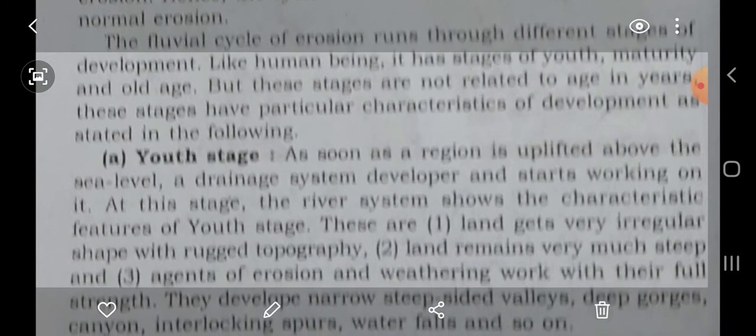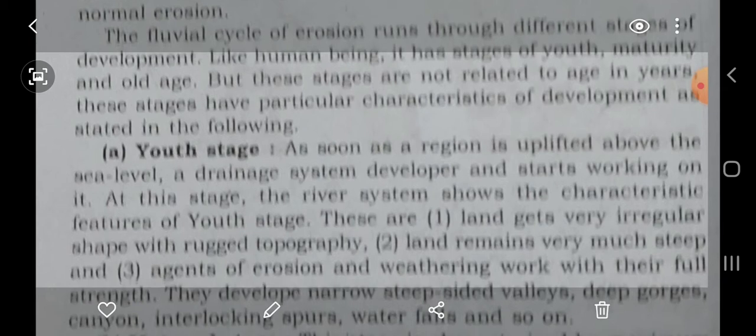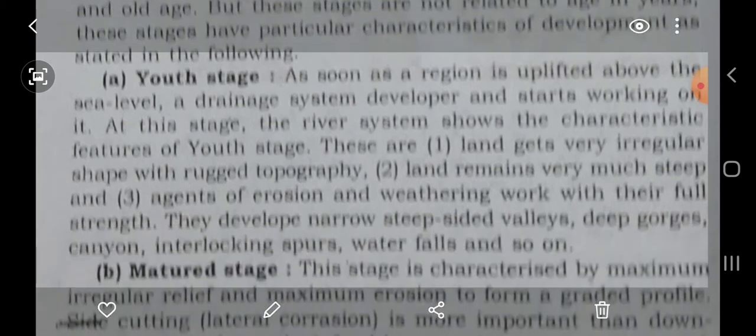The fluvial cycle of erosion runs through different stages of development like human beings. It has a stage of youth, maturity and old age. But these stages are not related to age in years. These stages have particular characteristics of development, as stated in the following. Youth stage.